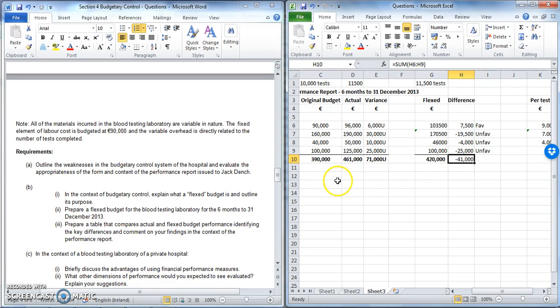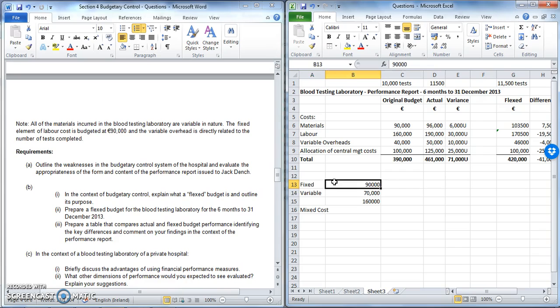Identify the key differences. This is where I want you to identify that you originally said the difference was 71,000. Of that, you can explain some as volume related, so volume variance. Remember, go back to the slides.